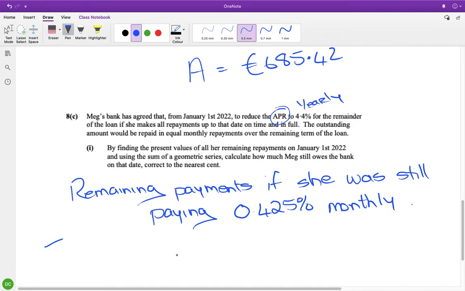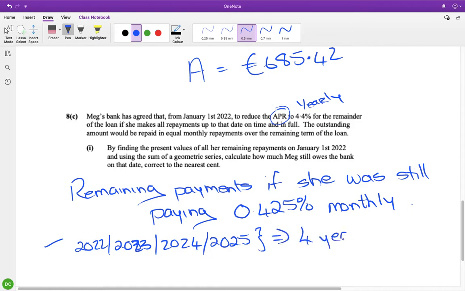So up to 2022, what are we talking about there? 2022, 2023, 2024, and 2025. Isn't that right? That's 4 years. That's what's left.